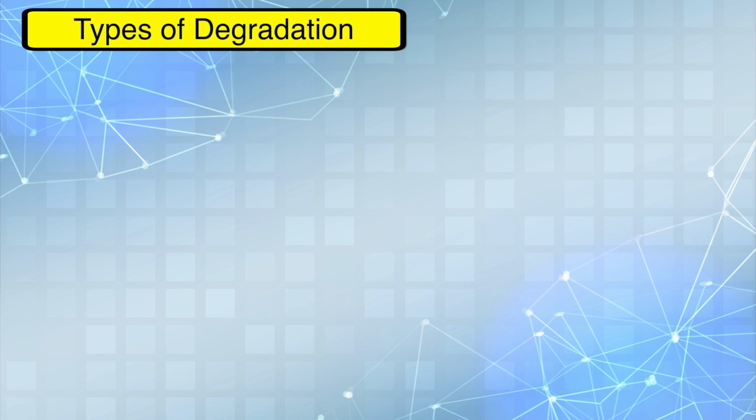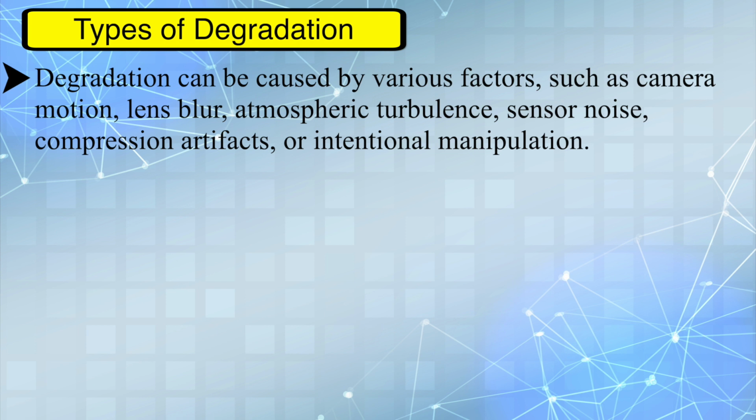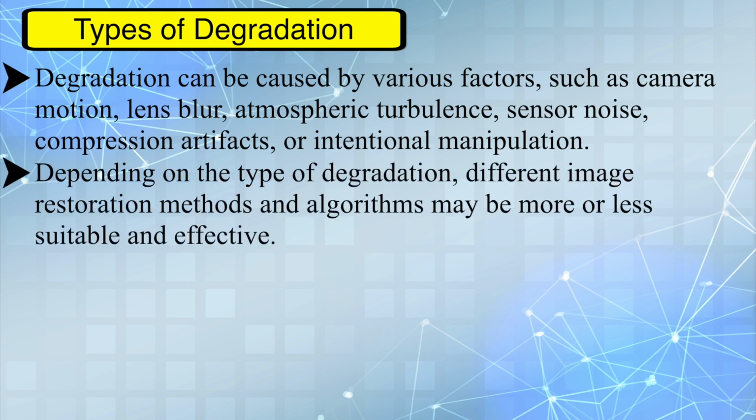The types of degradation. Degradation can be caused by various factors such as camera motion, lens blur, atmospheric turbulence, sensor noise, compression artifacts or intentional manipulation of the image. Depending on the type of degradation, different image restoration methods and algorithms may be more or less suitable and effective.